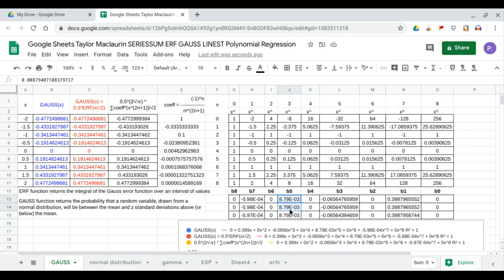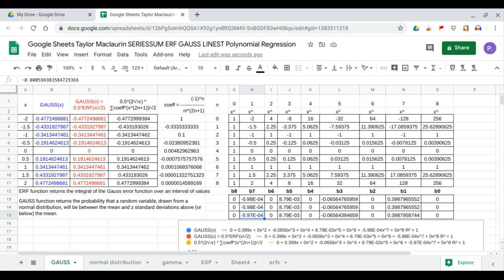And B5, positive 0.879, they are the same, times 10 to the minus 3. B6, they're all zero. And B7, that's negative 5.98. Well, this one is negative 5.97, but still a very small error. And B8, they're all zero.